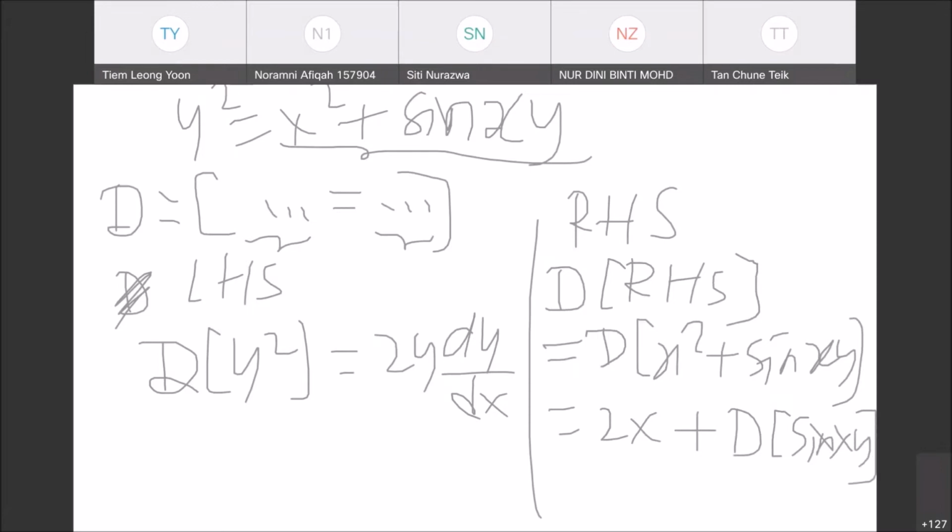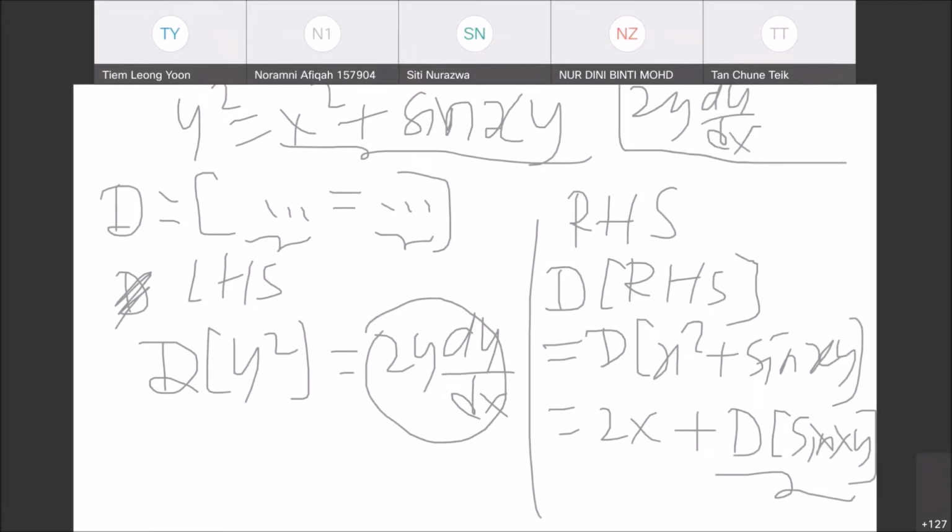I stop here for a while because the derivative of sine xy could be a little bit complicated. So on the left hand side, I have 2y dy dx. I'll keep this here at the corner and come back to use it later. And on the right hand side, I have 2x, then I have something here which I'm going to calculate on the screen again.